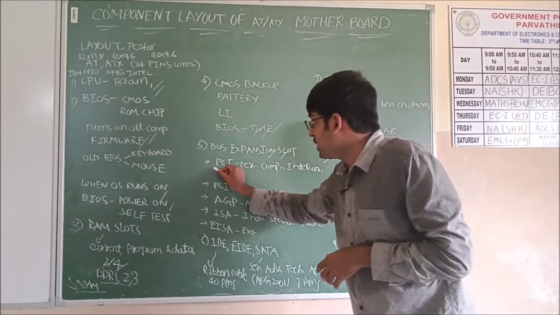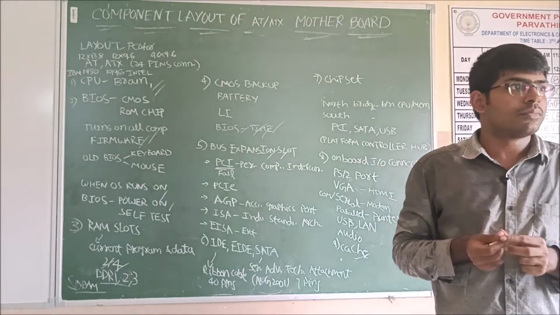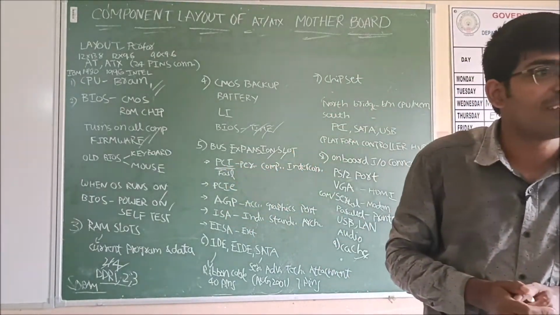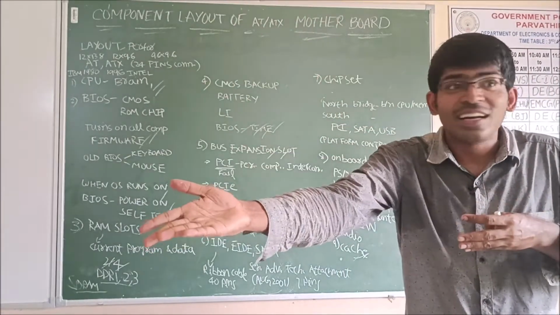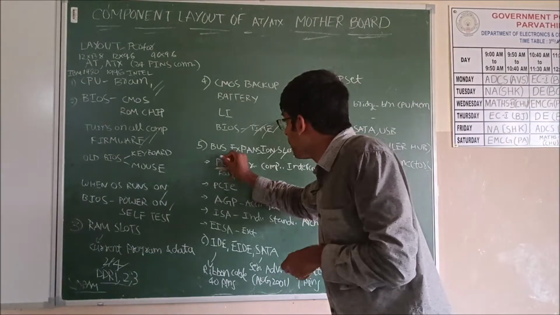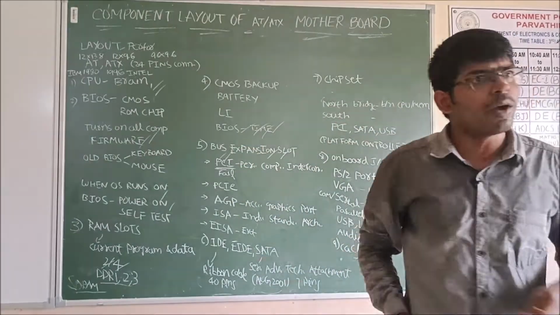The first slot is the PCI slot. What is PCI? Peripheral, because we are taking input and output components. That's why we call them peripheral components.